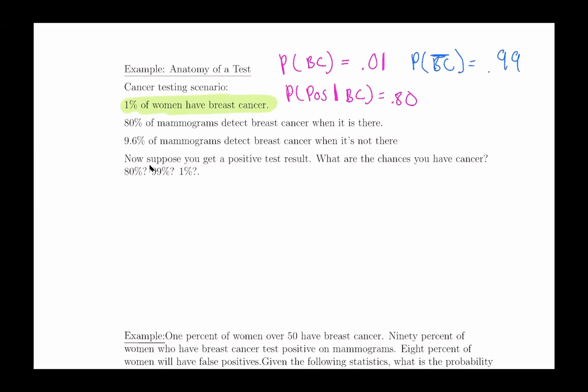All right, so let's do the 9.6. What does the 9.6 represent? Well, the 9.6 represents the probability somebody tests positive. But in this case, do they have breast cancer?